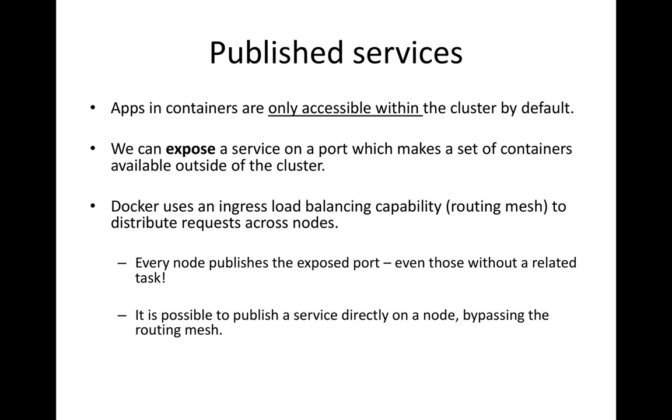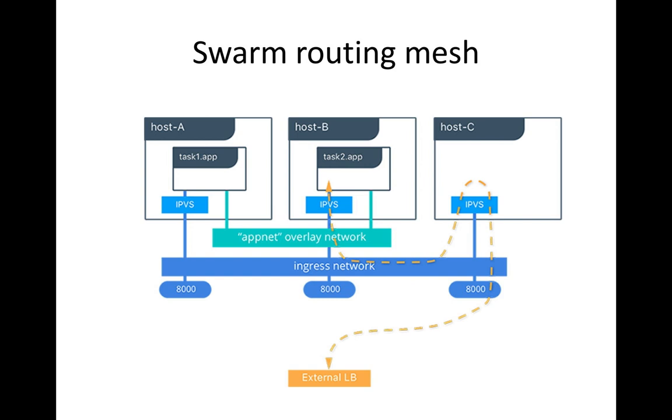Then Docker Swarm will use this ingress load balancing service to automatically redirect that request to one of the containers of the service which is publishing that port. And so it solves a big problem for us, and it makes routing requests into the cluster really easy. Here's a diagram showing how this works.